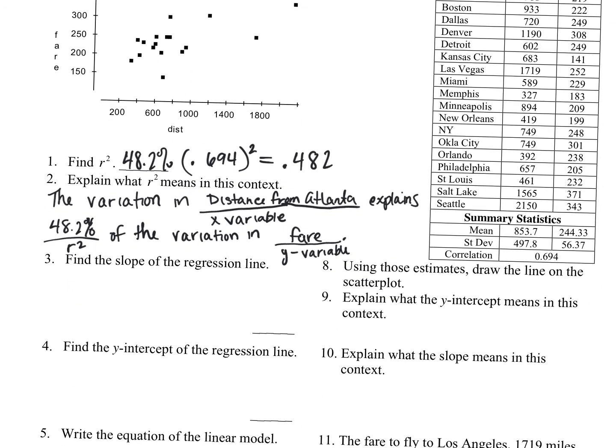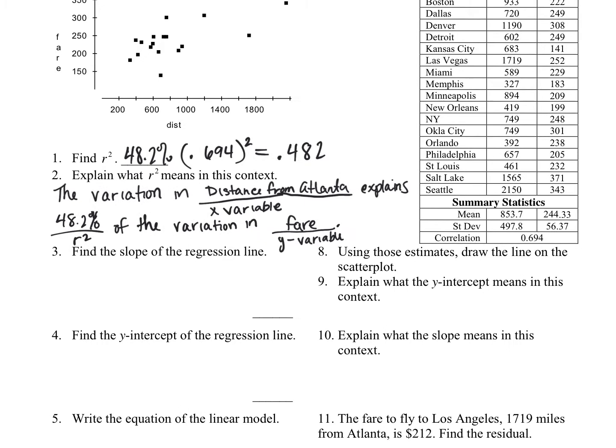So the next thing it asks for is to find the slope of the regression line. Do we remember our equation for the slope? That's the equation of the regression line. Y hat equals b naught plus b1 x.